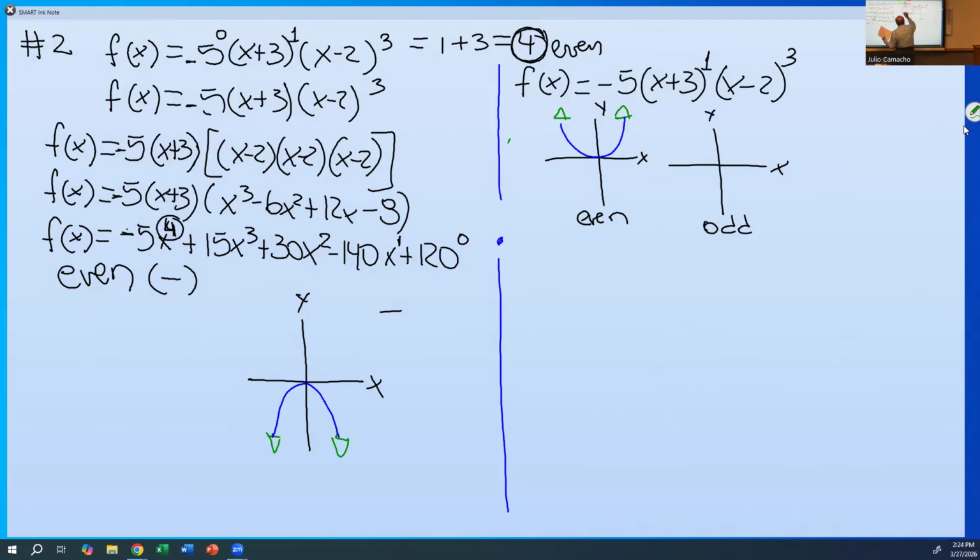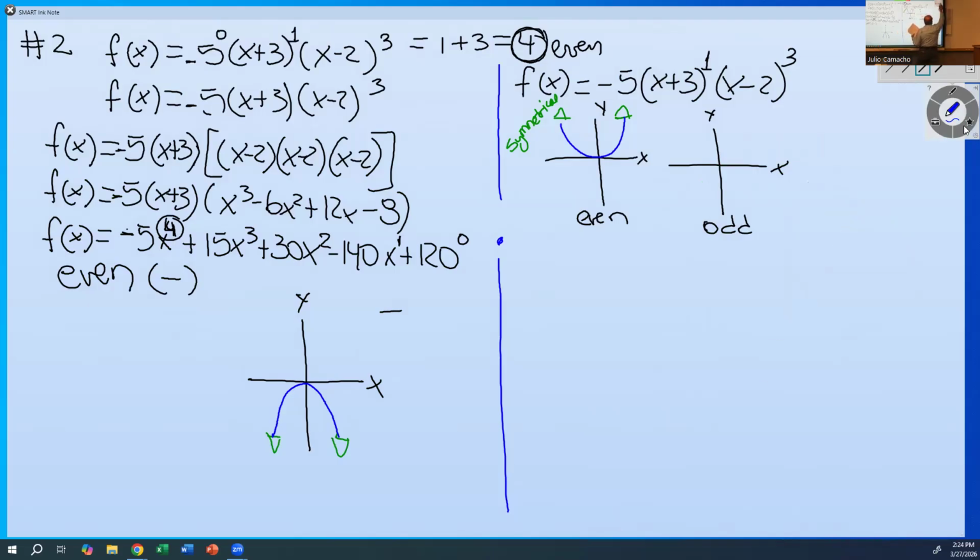Let's put here, symmetrical over the y-axis. But we know that all odd functions are symmetrical to the origin. So they will come here and they will do something like that. Let me be consistent.